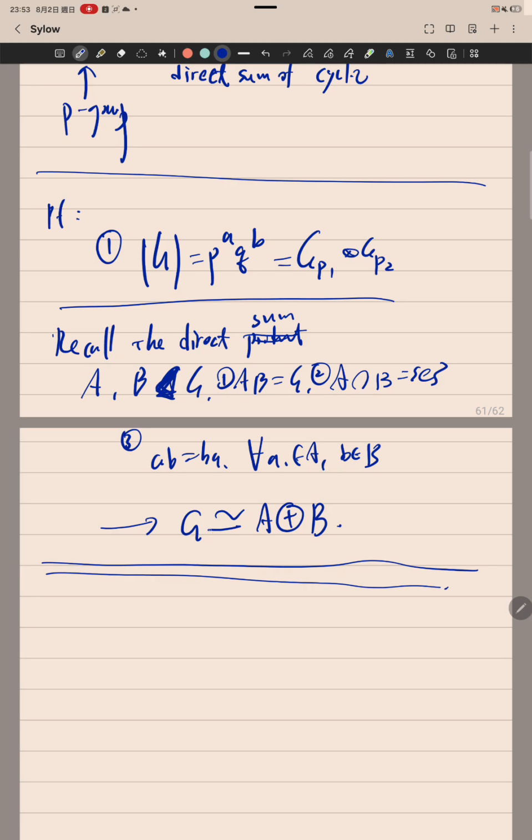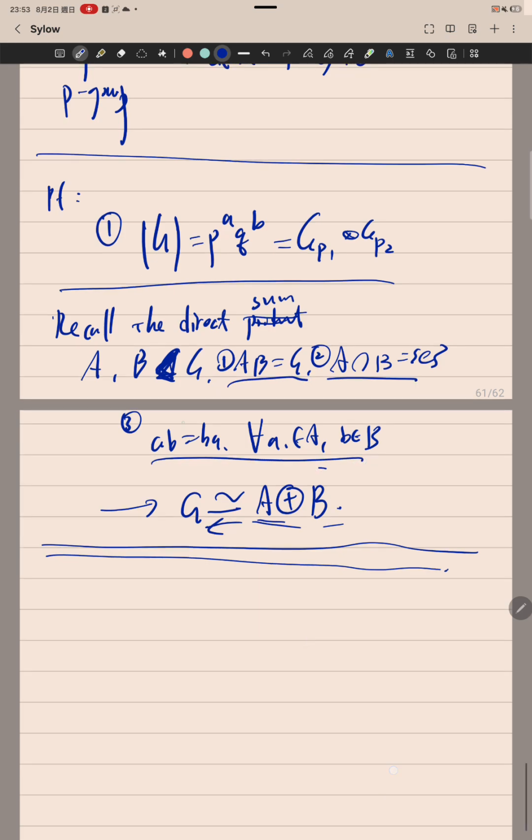The proof is very simple. You just construct the isomorphism map from this to G, and you will find that you need all these properties. But let's say I already know G is abelian. When G is abelian, normality is automatic. So in the special case when G is abelian, ab equals ba is true.